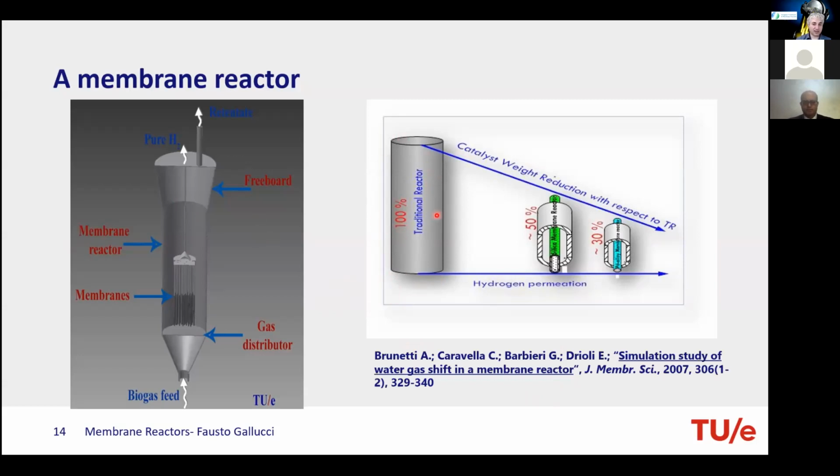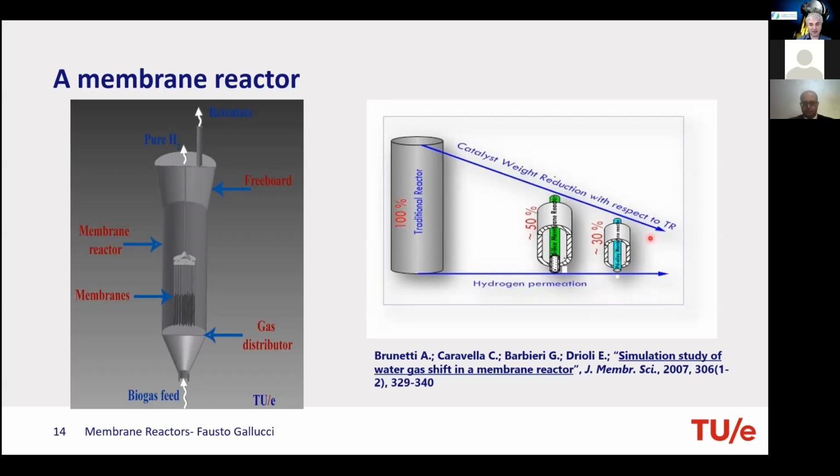So this is the amount of catalyst in a conventional system. If you use a membrane reactor, you can decrease this amount of catalyst quite a lot. Of course, you have also other benefit because the separation is inside the reactor. So you have also pure hydrogen directly out of the reactor of water gas shift.